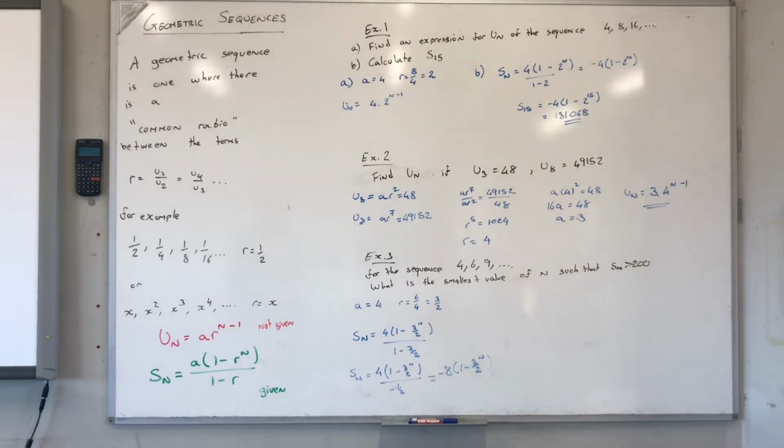S of n equals negative 8 times 1 minus 3 over 2 to the power n. Now I want that to be greater than 200.